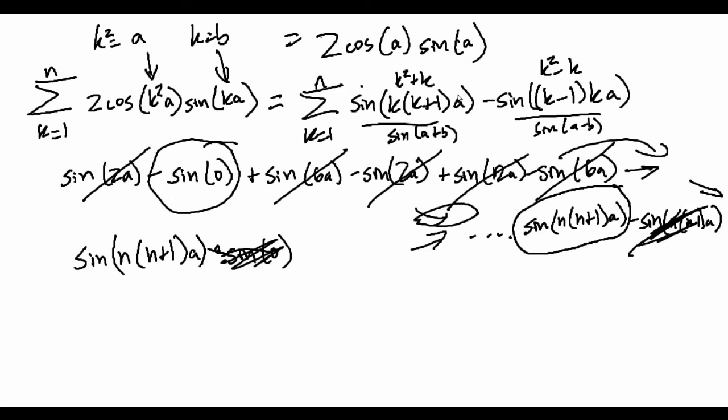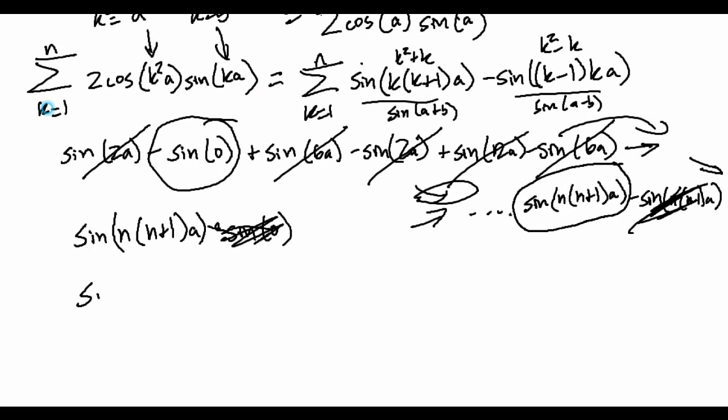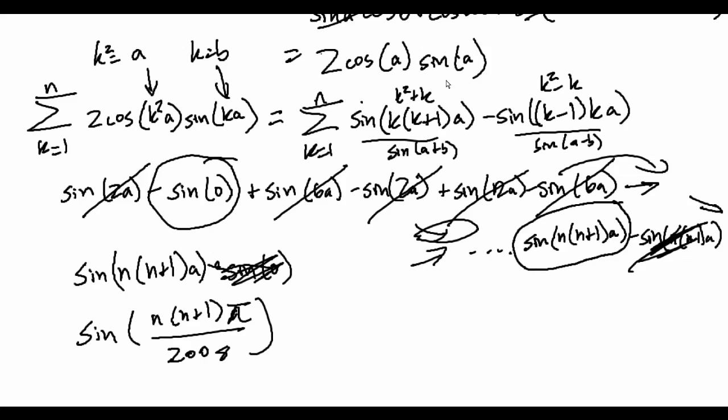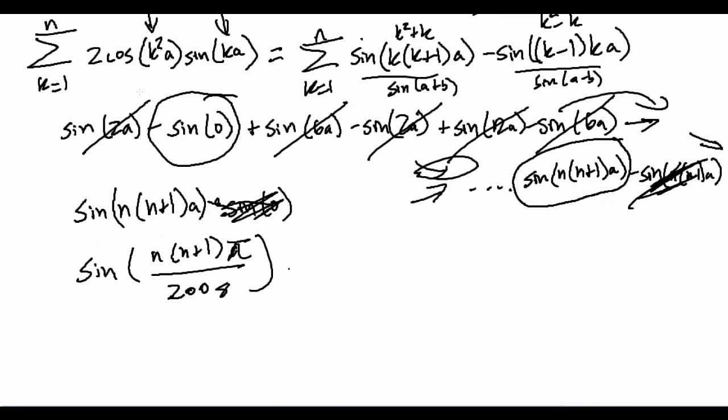Now let's see what we want. We want this to be an integer, so sine of n plus 1 times A, remembering that A is pi over 2008. I wonder why they used the number 2008. It will always remain a mystery. So the question is whether this is an integer. Well, what values of sine are integers? This has to be -1, 0, or 1.